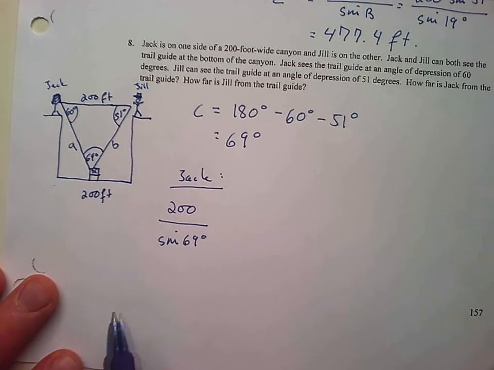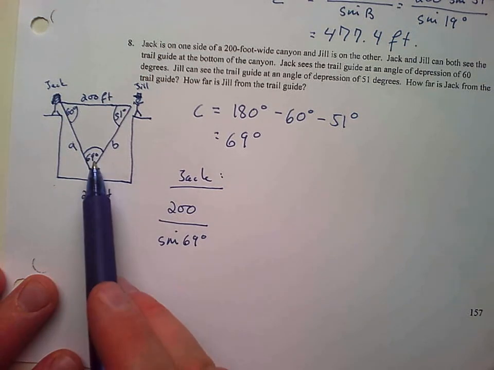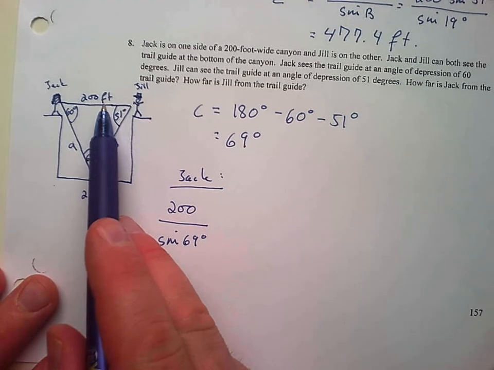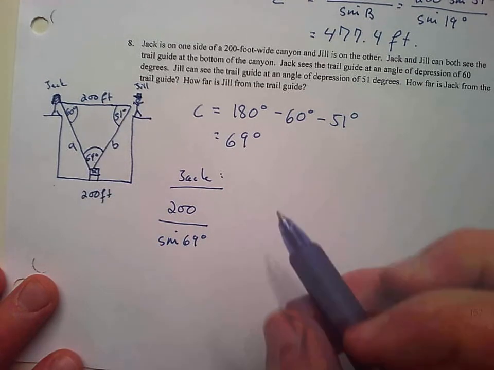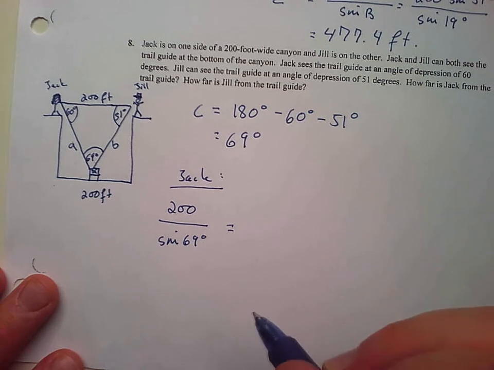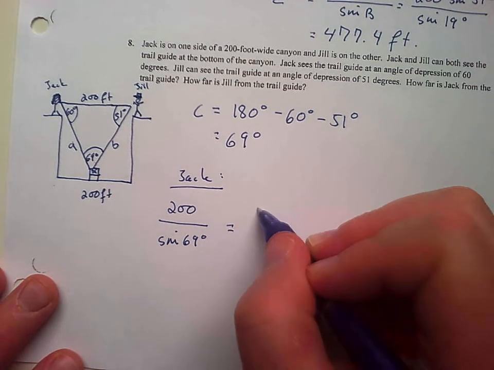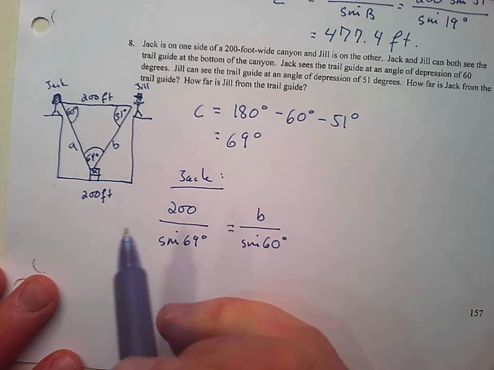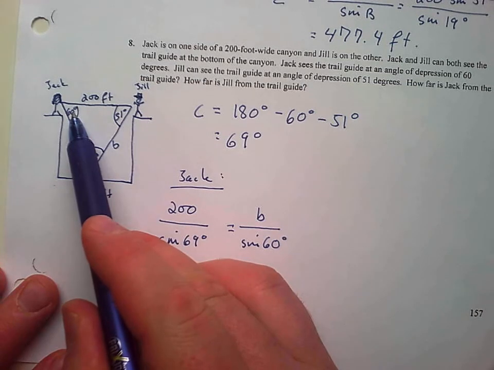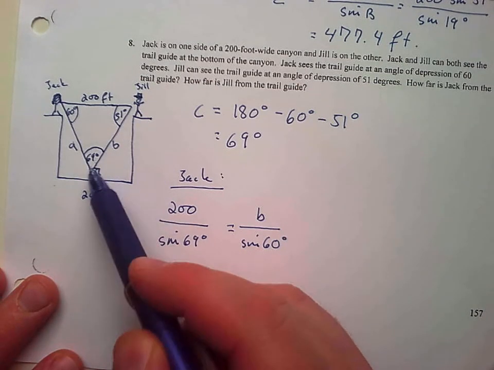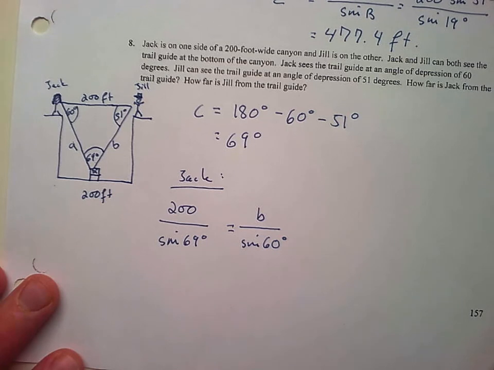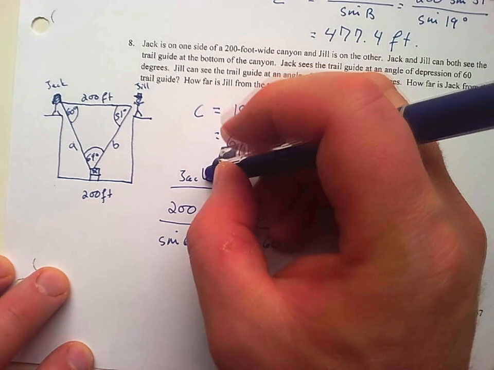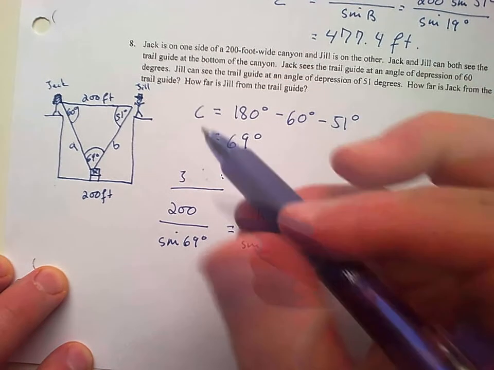And here this is 69 degrees. So 200 feet divided by the sine of 69 should be the same thing as the side B over the sine of 60 degrees. Here is 60 degrees, the sine of that is going to be this over here. I'm sorry, then we're not calculating out Jack. This right here should be for Jill.